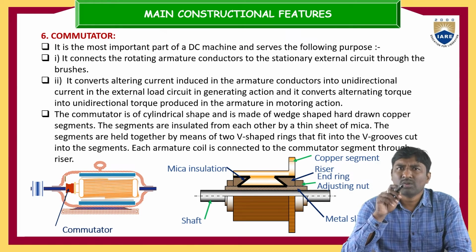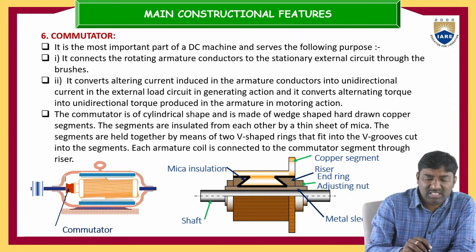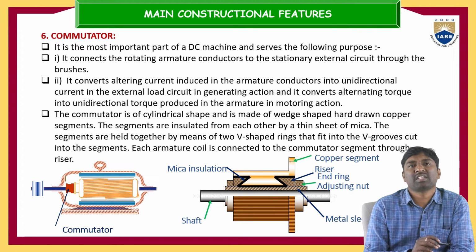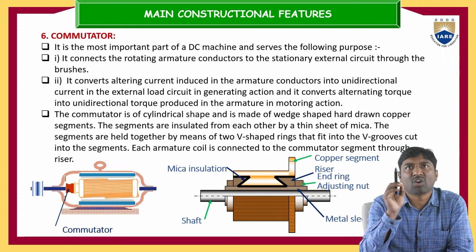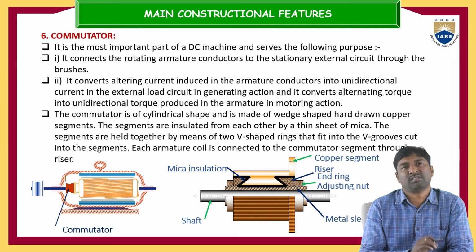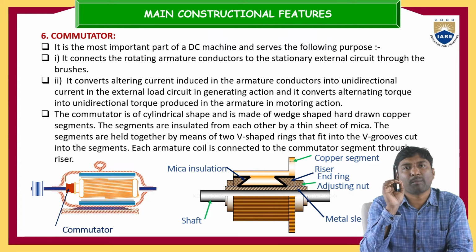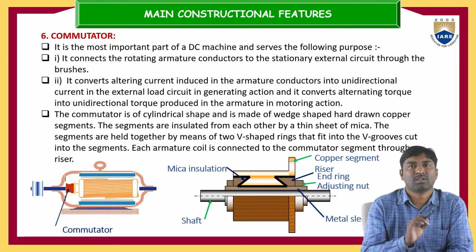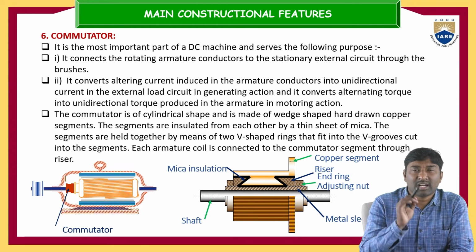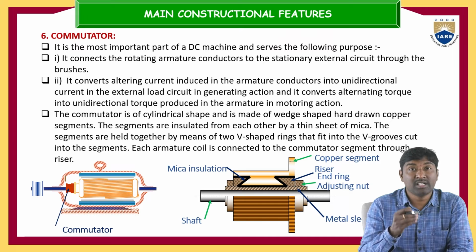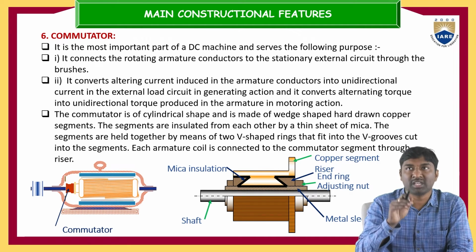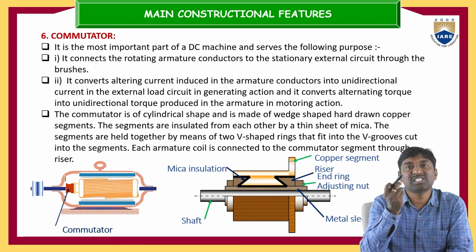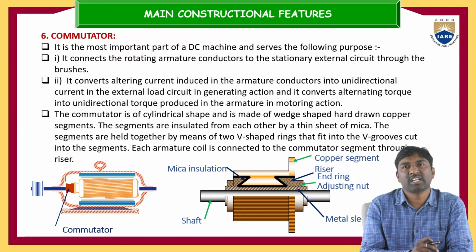Now, this commutator has a cylindrical shape, and it is made up of wedge shaped hard drawn copper segments. These segments are insulated from each other by a thin sheet of mica.